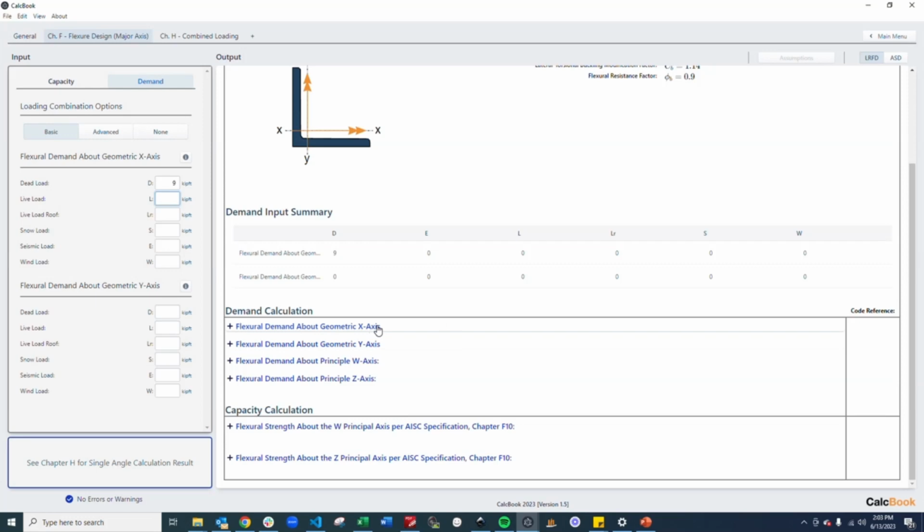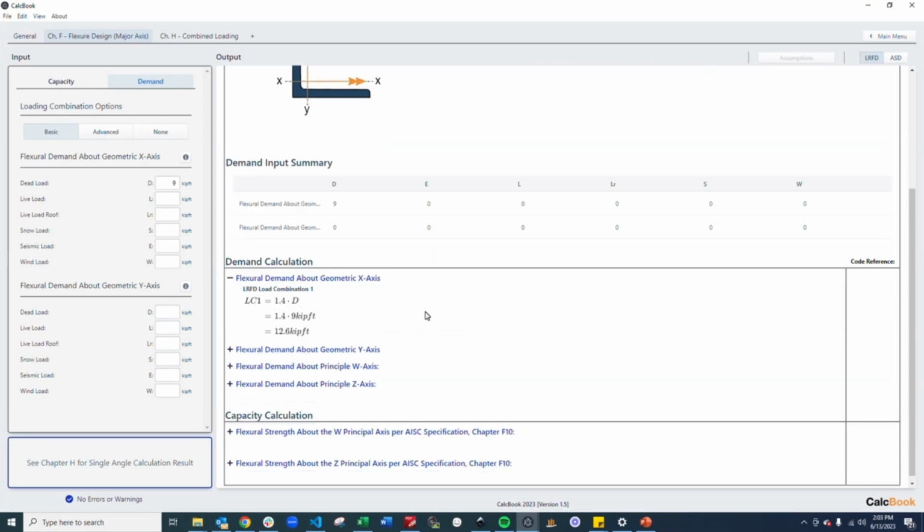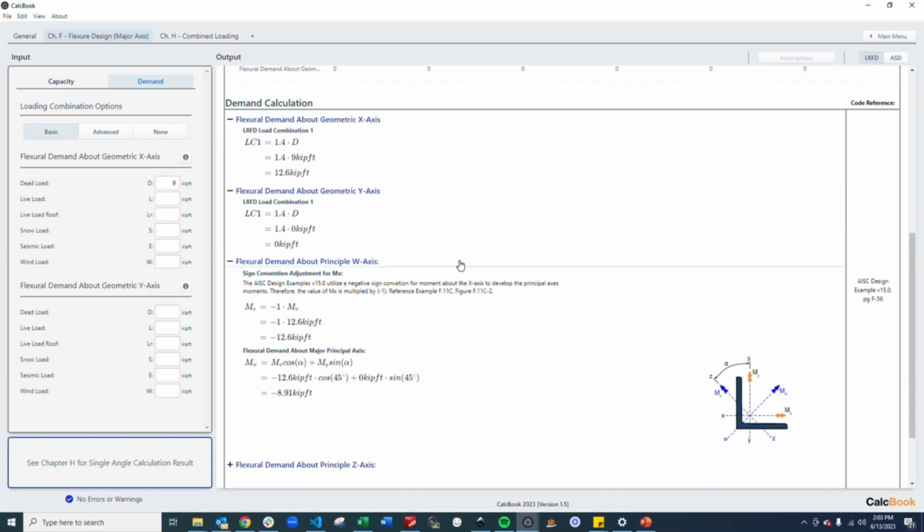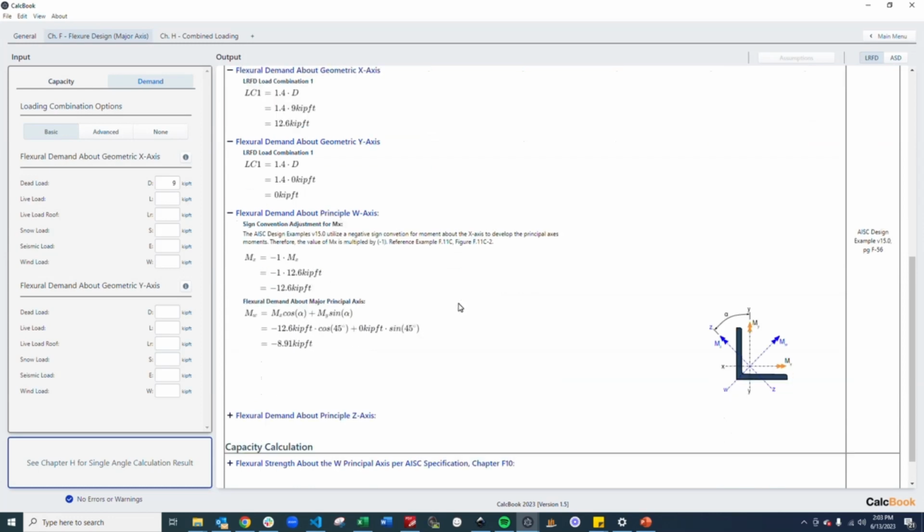For the flexural demands about each of the geometric axes, that's just going to be our applied dead load times the load combination for the controlling, which is going to be 1.4 times dead. And then for the y-axis, we don't have anything, so that's going to be 0. Then we have to transform those loads about the principal axes.